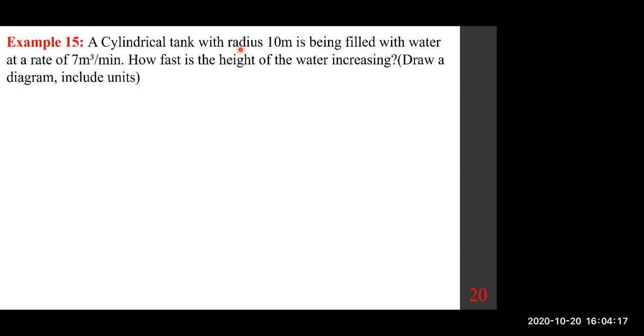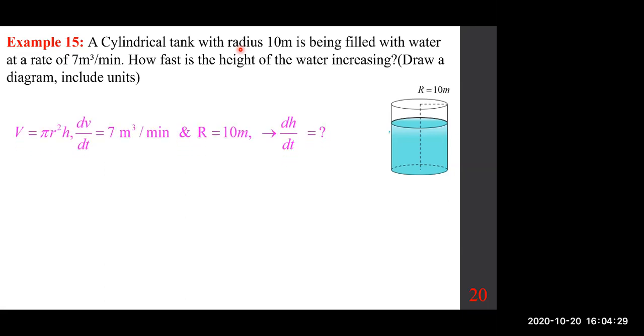So first and foremost, the volume is pi r squared h. The radius is 10, and the radius is fixed, everybody. The radius is fixed at 10 meters, and the volume is pi r squared h.